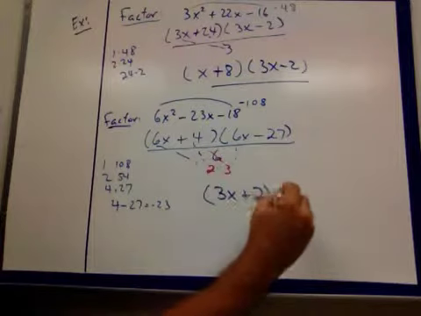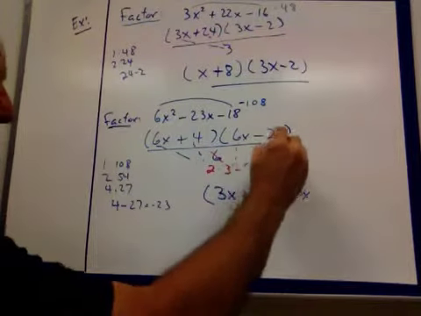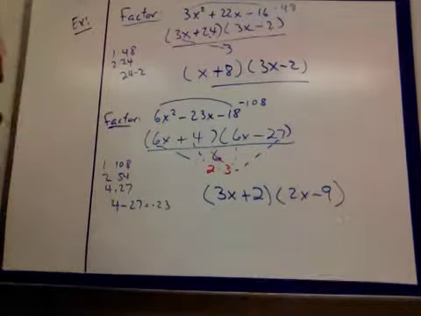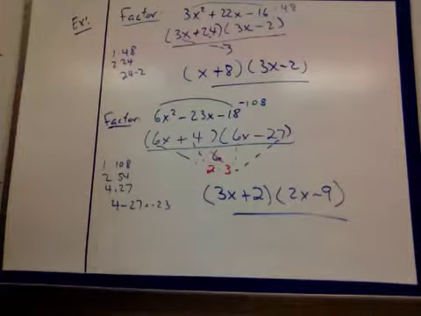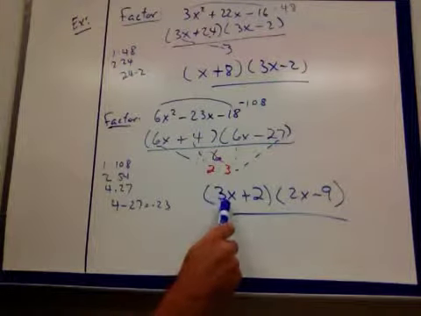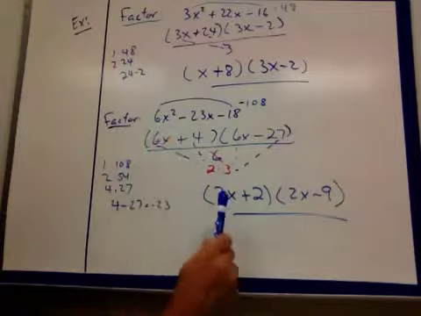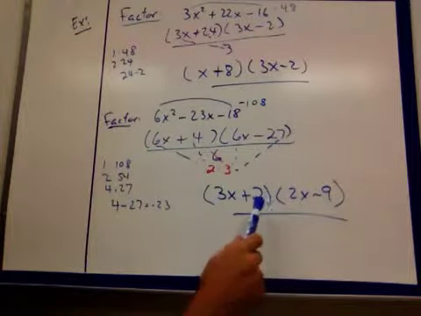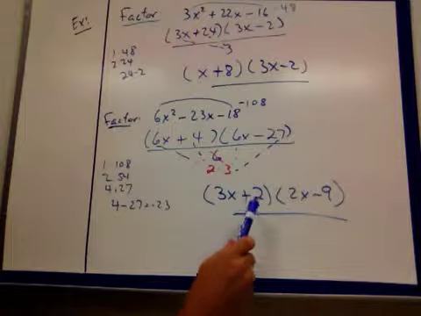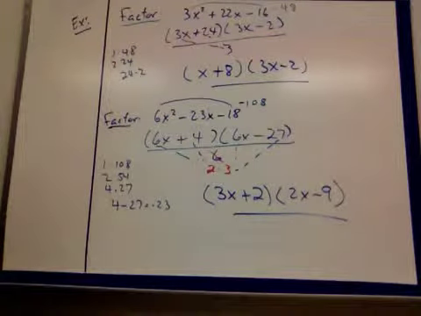And then 3 goes into 6, and 3 goes into 27. Is it right? Well, let's FOIL it. 3x times 2x is 6x squared, minus 27x plus 4x, that's minus 23x, minus 18. So it checks. Fabulous factoring.